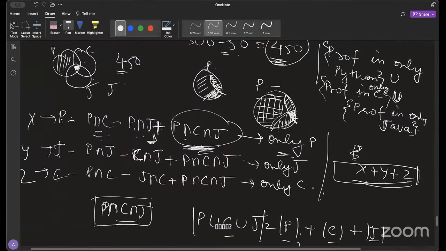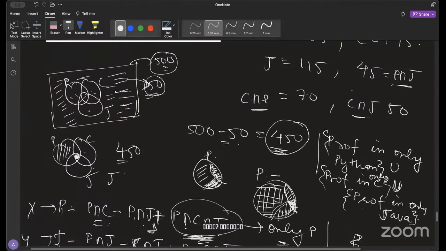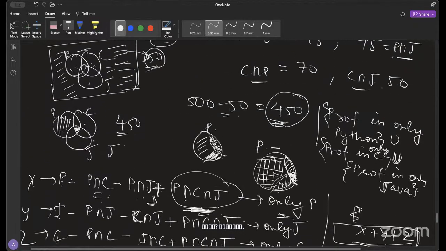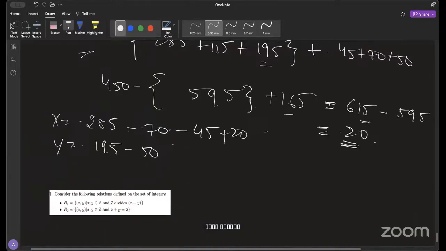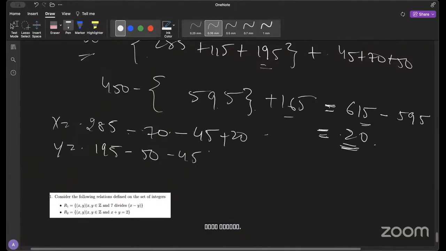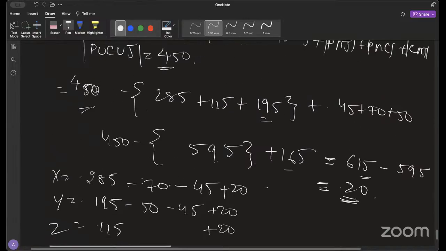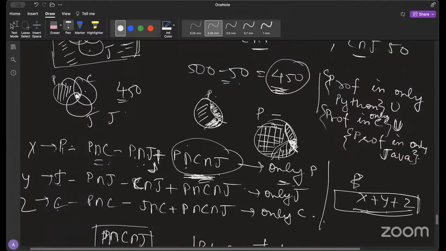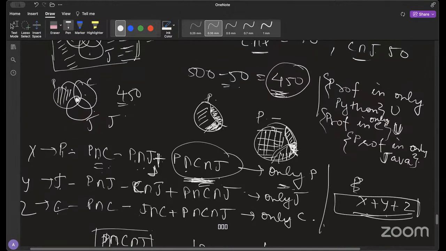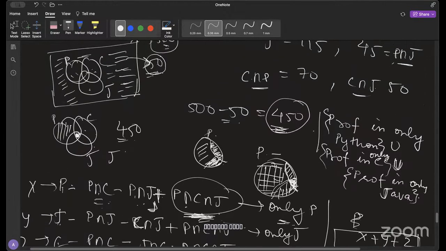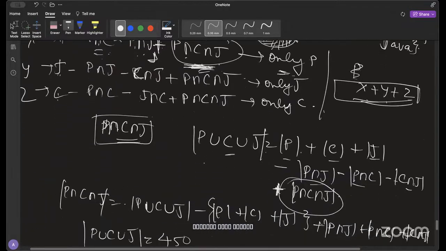P intersection J is 45 and 50, right? P intersection C and C intersection J, 70 and 50.